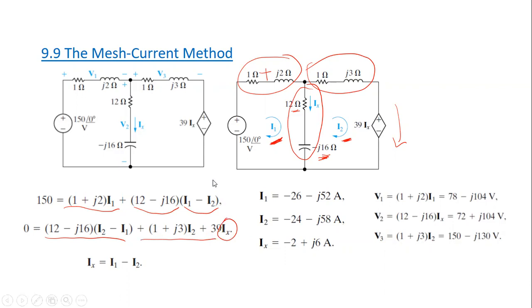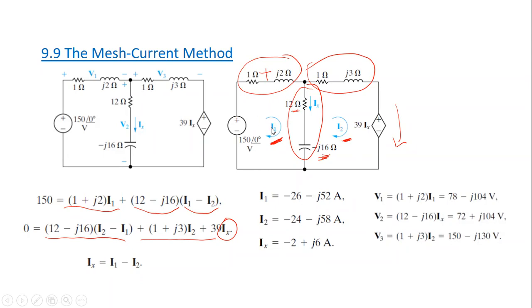If you go back and look at the given circuit, you will see that Ix is the current flowing downward in the middle branch. So if I want to express Ix through I1 and I2, it will be I1 minus I2.